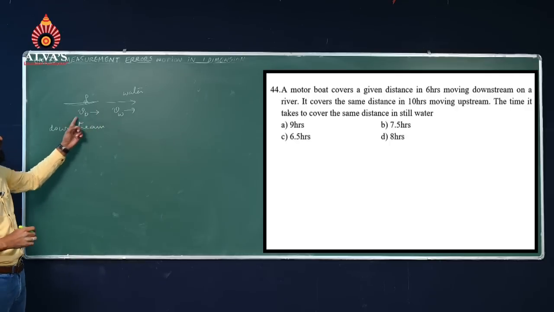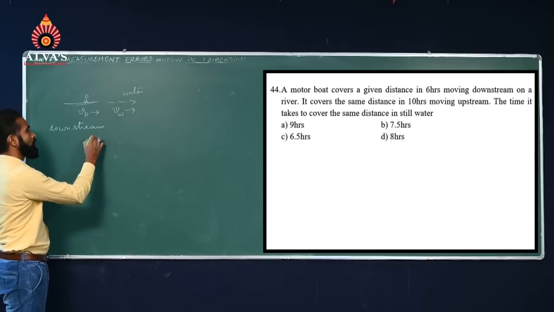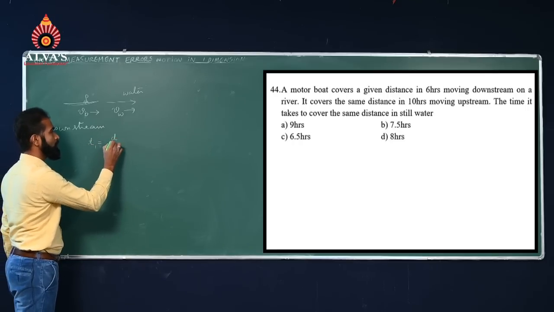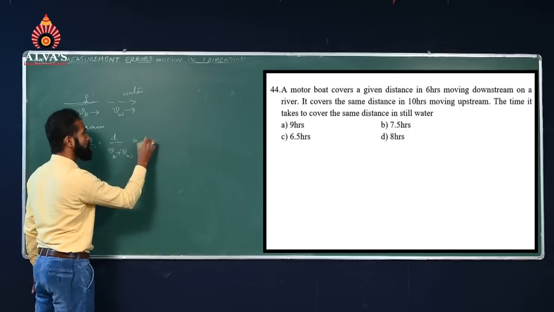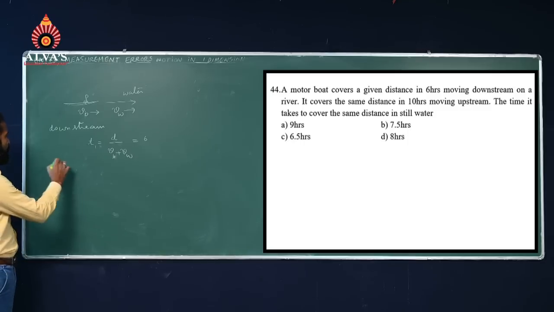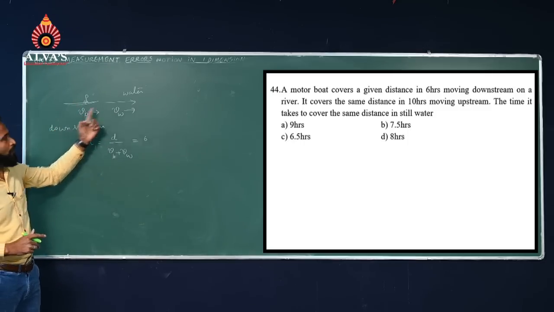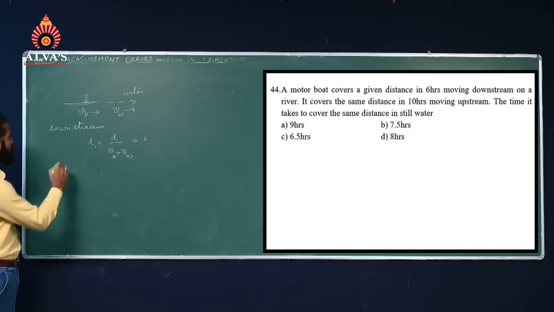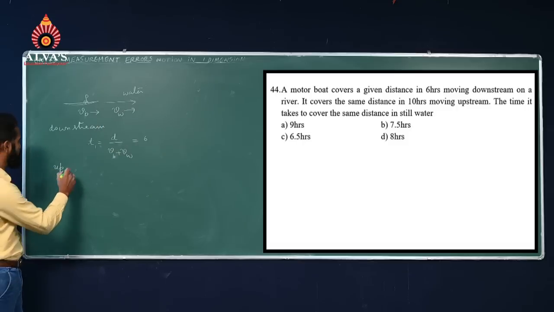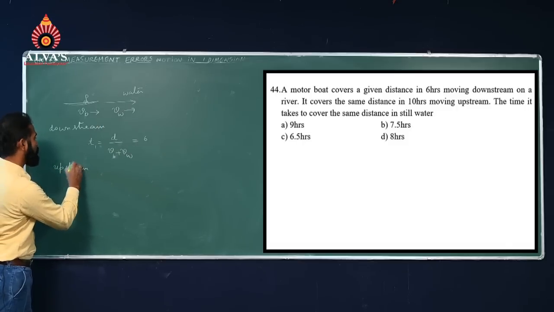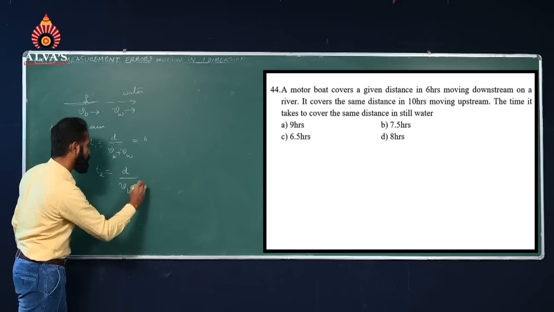So the effective velocity will be Vb plus Vw, and while moving downstream, the total time taken T1 will be distance divided by velocity of boat plus velocity of water, and this time is given as 6 hours. Now when the boat goes upstream, the direction of motion of the boat is opposite to the direction of motion of the water. That time the effective velocity will be equal to Vb minus Vw. So upstream time T2 will be equal to distance divided by Vb minus Vw.